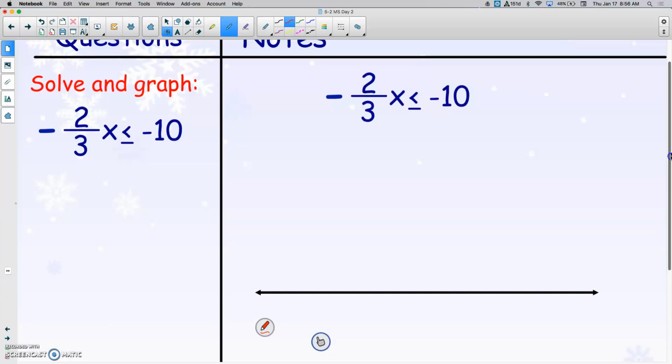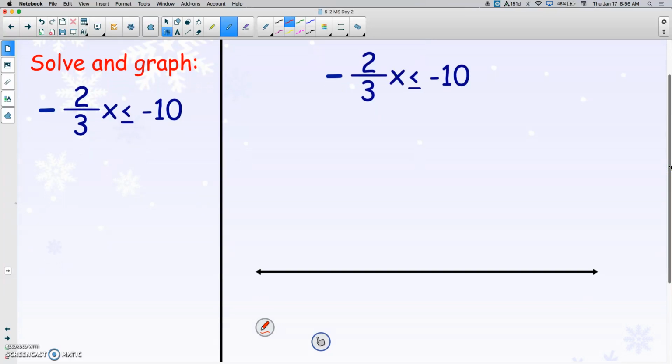All right, now we've got something a little bit trickier because we've got a fraction here. So when we have a fraction times our variable, we learned a couple of different things that we could do. On this example, I'm going to use the shortcut that we worked with.